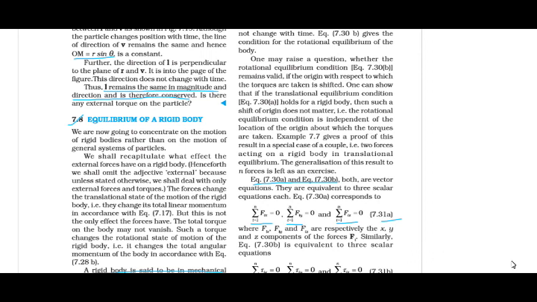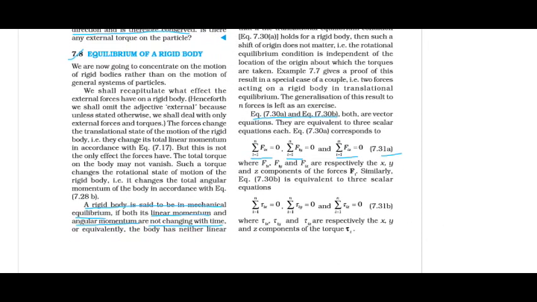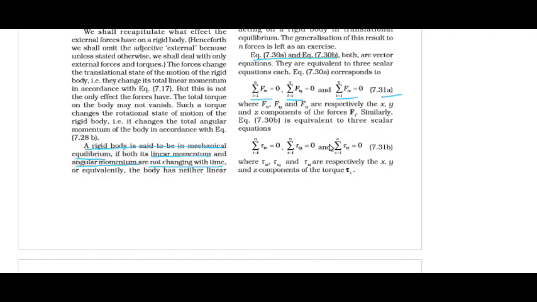Similarly, equation 7.30b is equivalent to the three scalar equations sigma i equals 1 to n tau ix equals 0, sigma i equals 1 till n tau iy equals 0, and sigma i equals 1 till n tau iz equals 0.